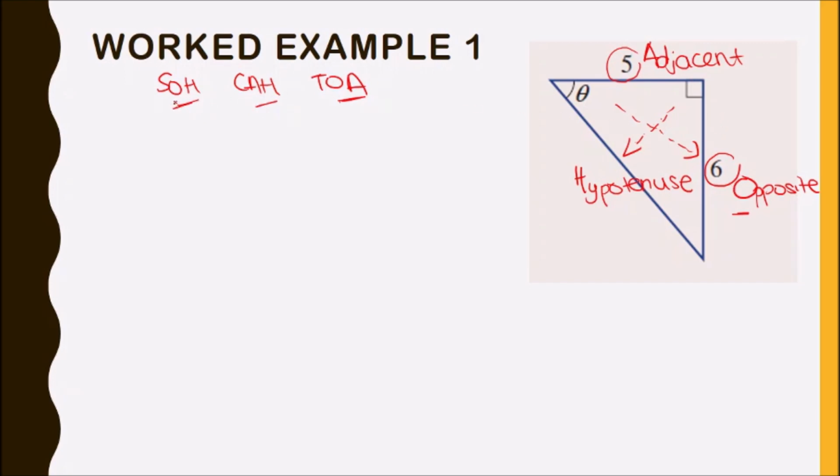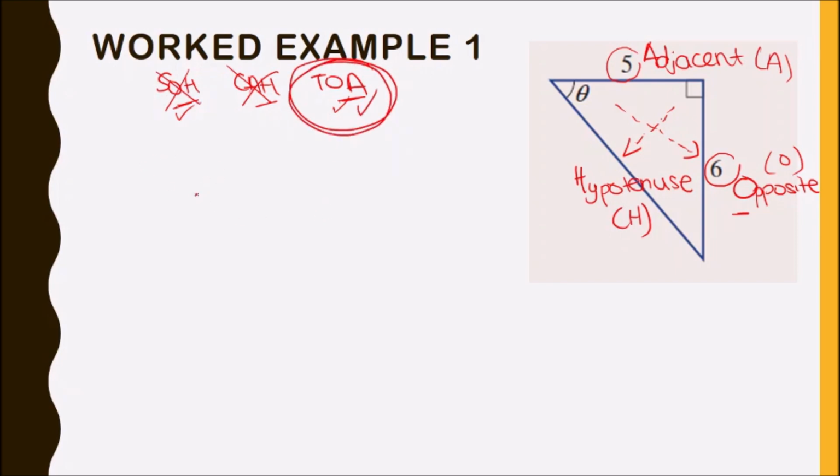I see O, so this one has O, this one has O, this one doesn't have O. We can't use O because O has a number, so we know it's not CAH. There's an A, okay. So A has a 5, so this one doesn't have A, it's got an H. But this one has an A, so we know that it's going to be TOA.